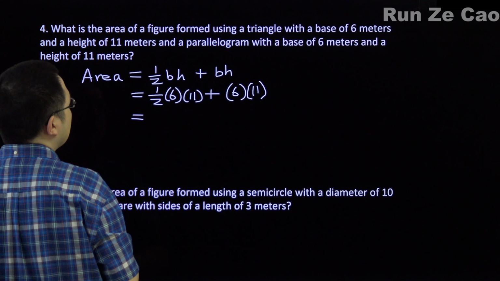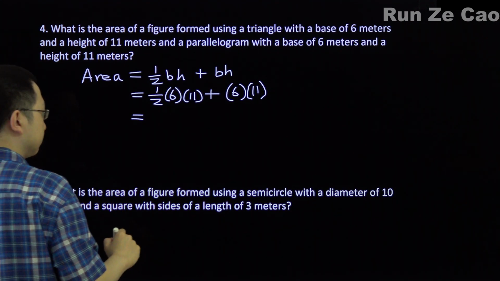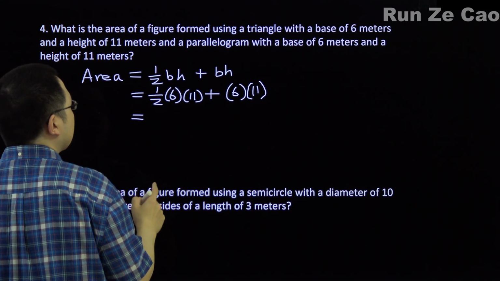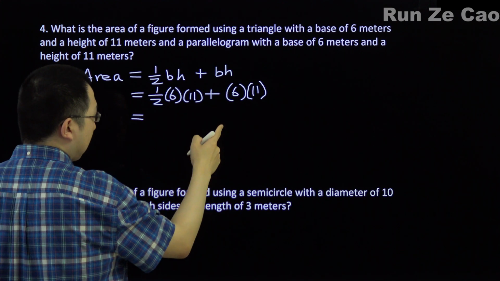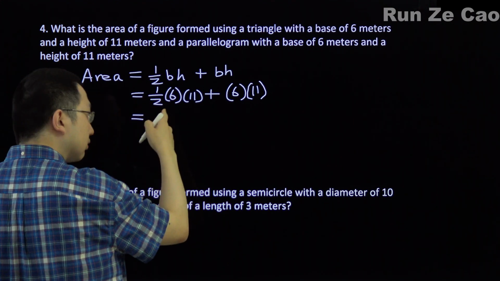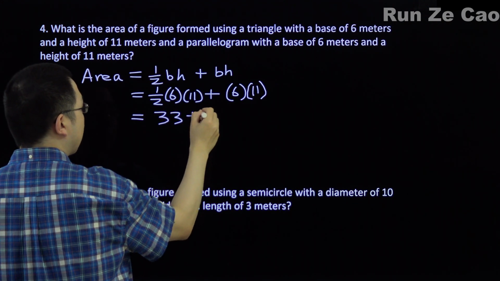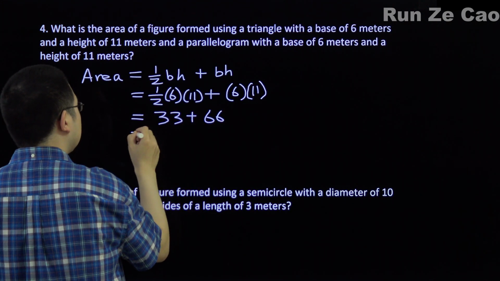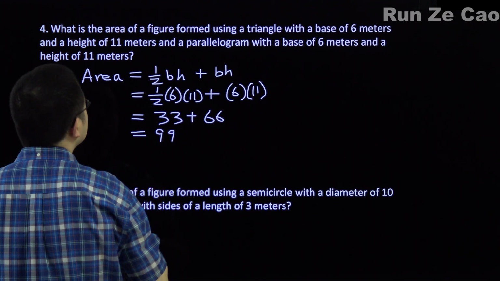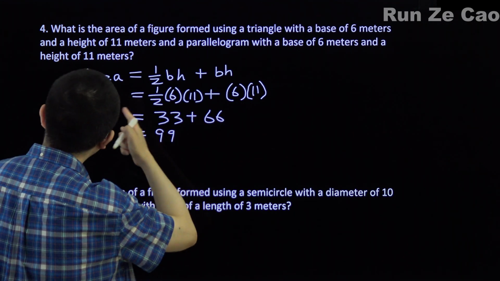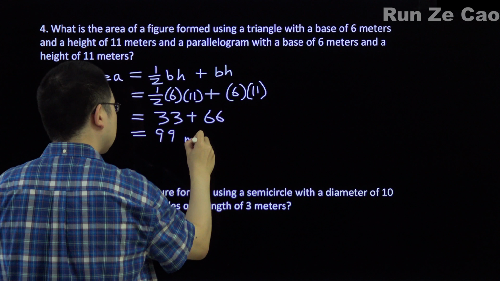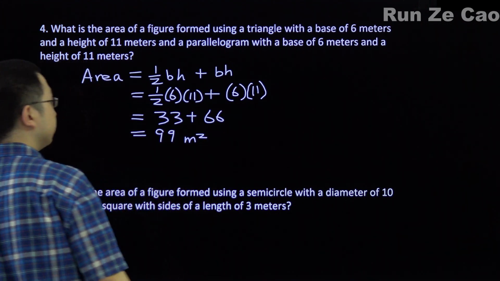So we're looking at 66, and 1/2 times 6, which is 3, times 11 is 33. So that's 99. What are the units? Oh, everything is in meters. Okay, it's in meters squared per area.